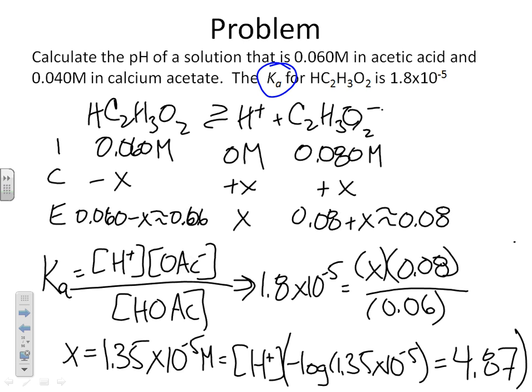And then our quick check, we want to compare this to the smaller number. So 1.35 times 10 to the minus fifth compared to 0.06. Multiply it times 100. If this number is less than 5%, then we're good, and we actually get 0.0225%. So it's significantly cutting down on these percent ionizations from like 1% or 2% to now, you know, 100th of a percent.